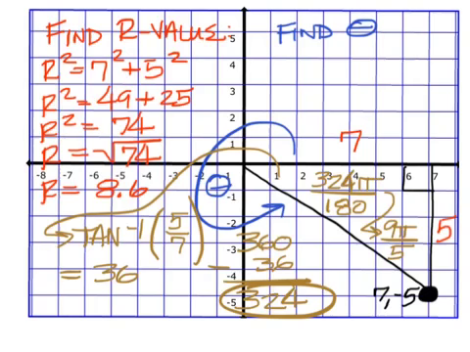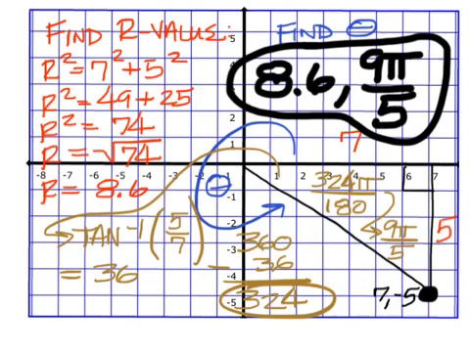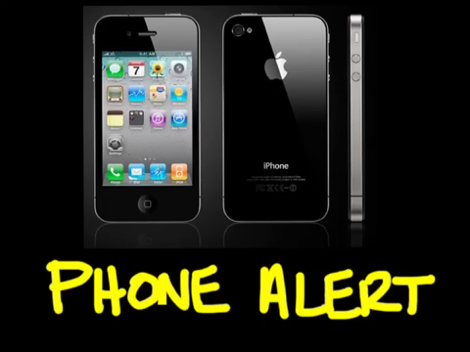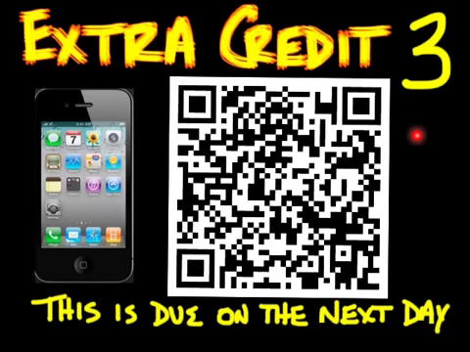Find theta, we did that, but now what should the final answer be? Final answer is 8.6 and 9 pi over 5. You have to put the 324 up against pi over 180, converting it to radians, and then reduce it down to 9 pi over 5. 8.6, 9 pi over 5. Here's another phone alert. Give this one another try.